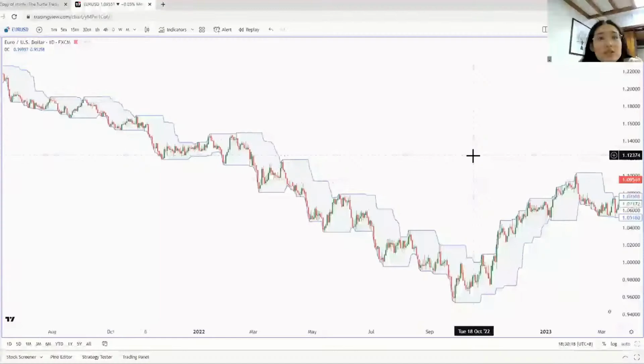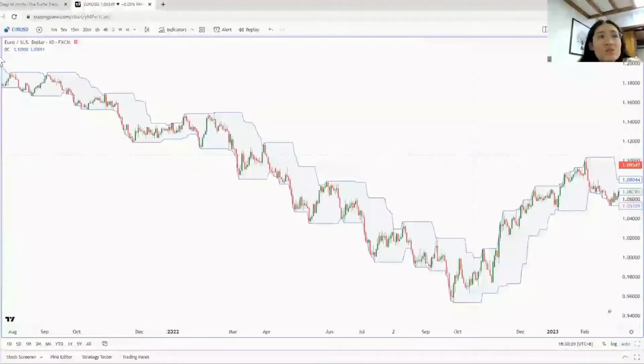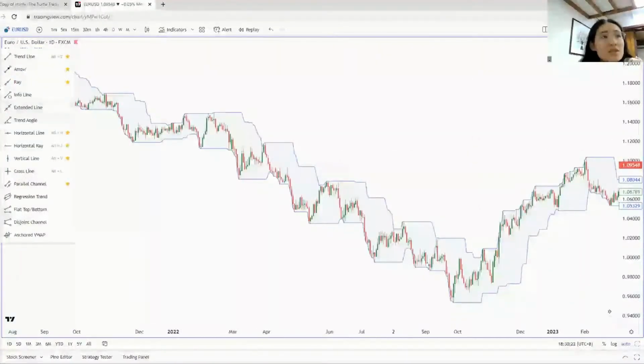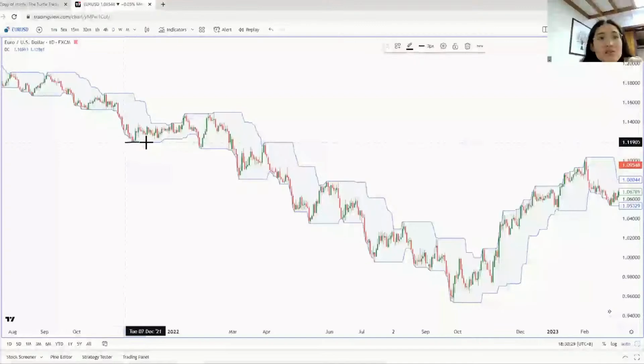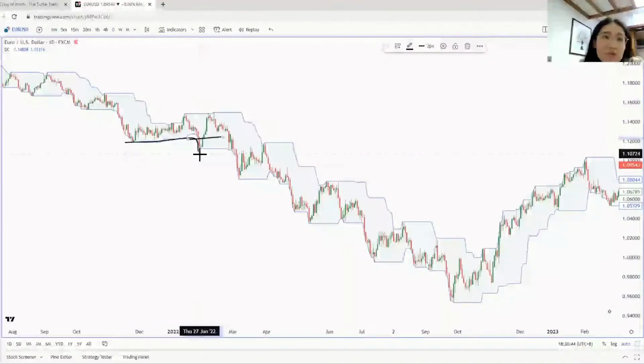Okay, so how they trade was that, for example, over here, if price made a lower low, so for example, over here, we see price has made a lower low, then they will go in for a sell. That's basically the rule that they had. So from here, if price cuts below the previous low, then they will go in for a sell.